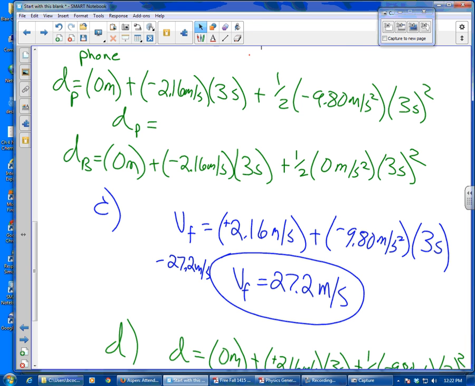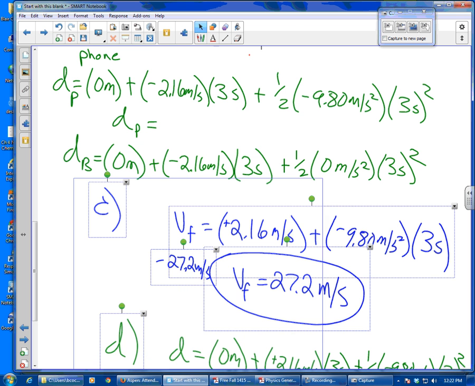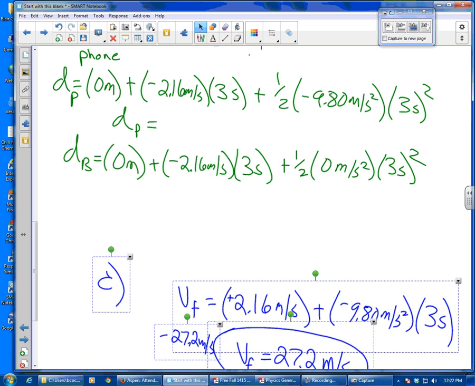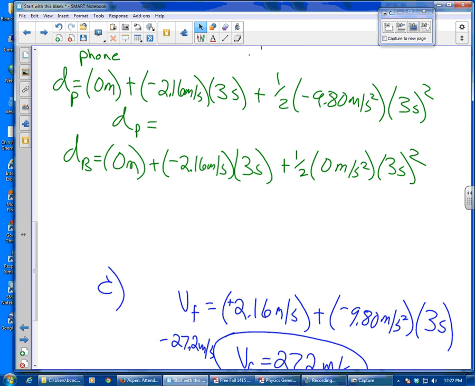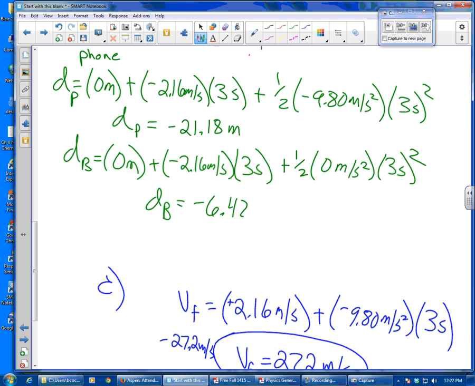So let's get this up a little more here. Where the phone is, the phone is at negative 21.18 meters. The balloon is at negative 6.48 meters.